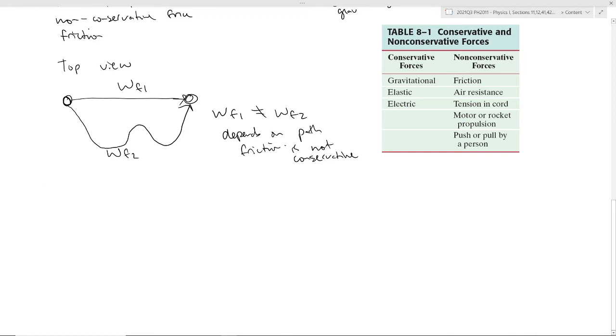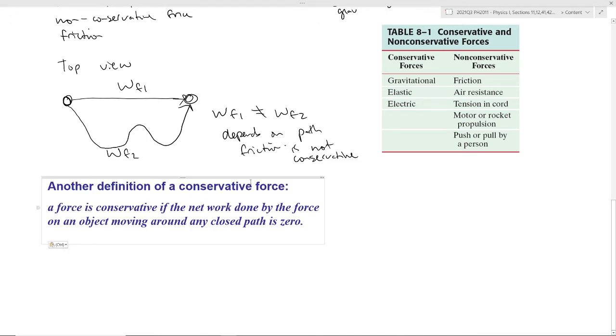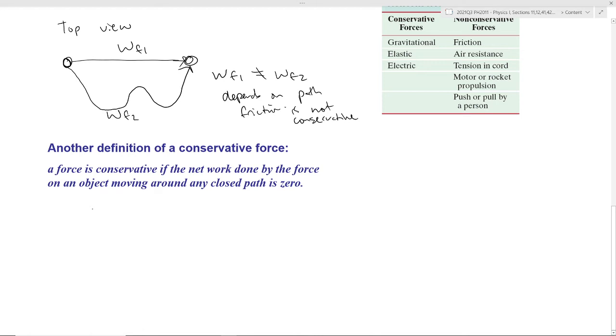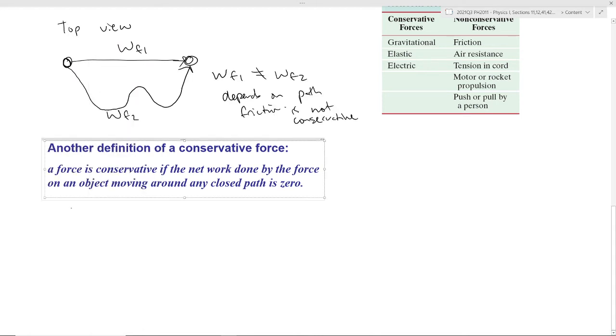Let me give you another way to think about this distinction between conservative and non-conservative forces. So another definition is, a force is conservative if the net work done by the force on an object moving around any closed path is zero. So if we're thinking about this path picture, let's compare our two examples again.